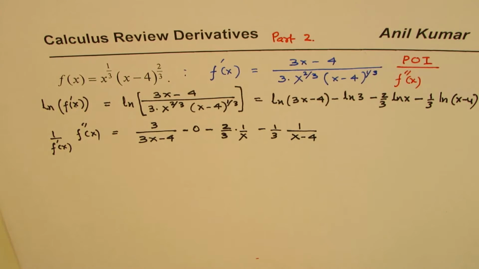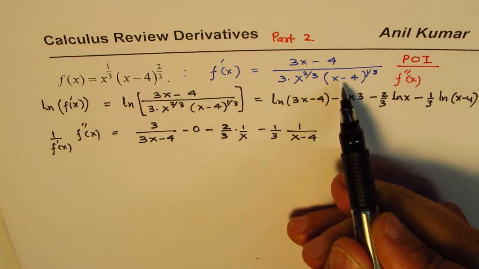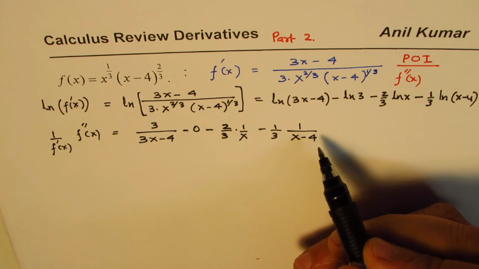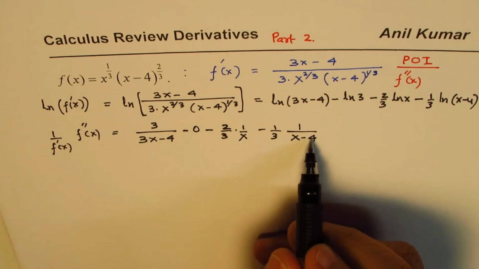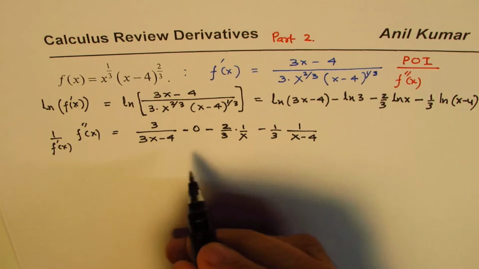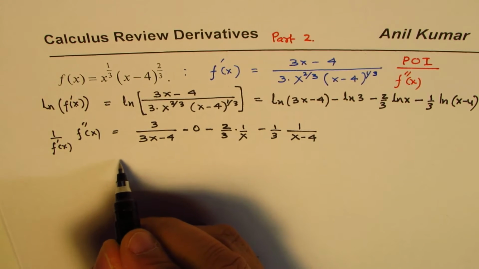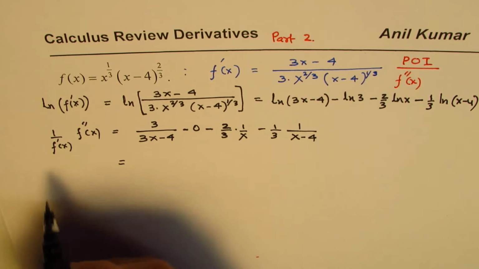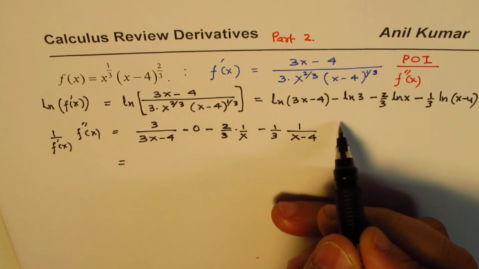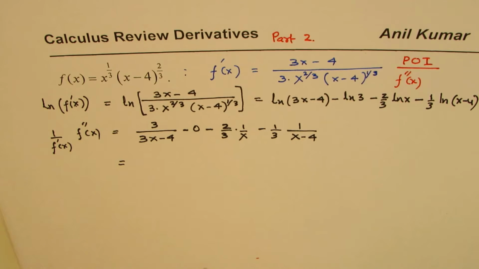As you must have done with the quotient rule, it is a very, very simple expression to work with, right? Now we can take a common denominator and then really figure out what this expression could be. So remember, we have here the derivative in the denominator. It will go to this side and get multiplied. So this expression is going to be very complex soon, right?